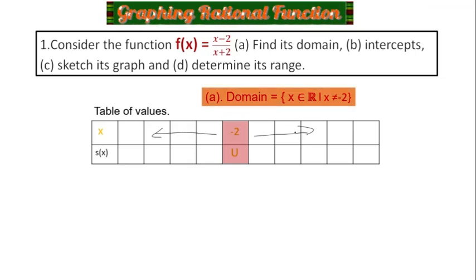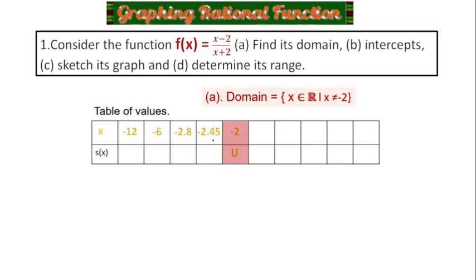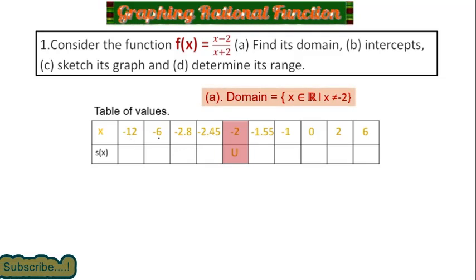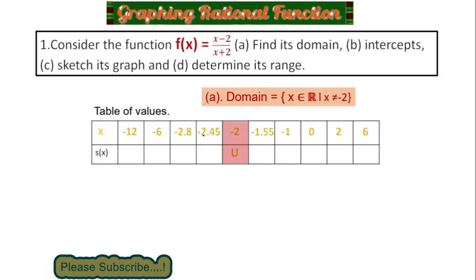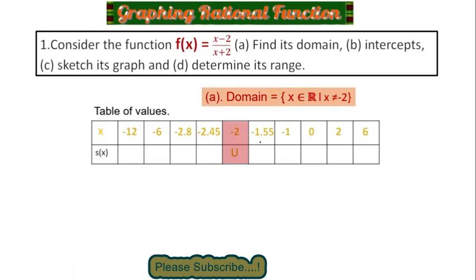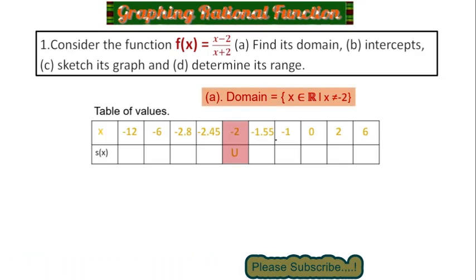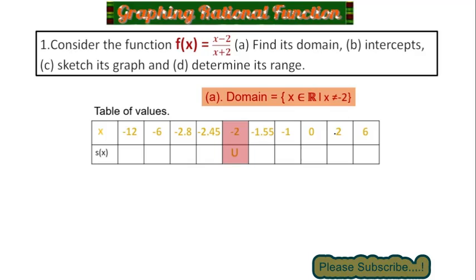What are the values of the function? Let us try these numbers: negative 6, negative 2.8, negative 2.45, negative 1.55, negative 1, 0, 2, and 6.